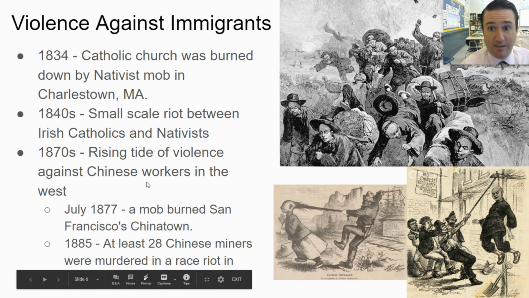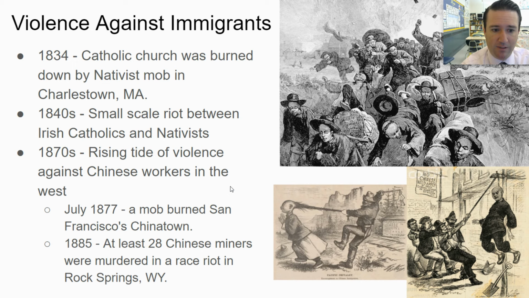The 1870s really saw a rise of violence against the Chinese. A lot of what we'll talk about today, a lot of the violence and the anti-immigration actions, were against the Chinese migrants who came here, recruited to work on the railroads. A lot of people felt that they came here to work, and then the expectation was they would return back.